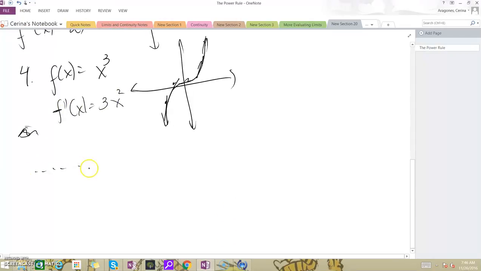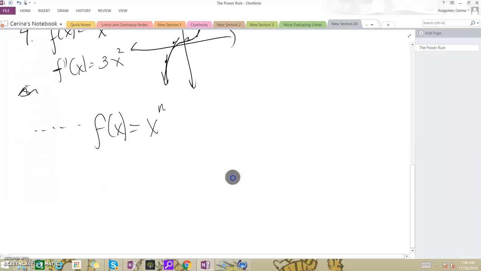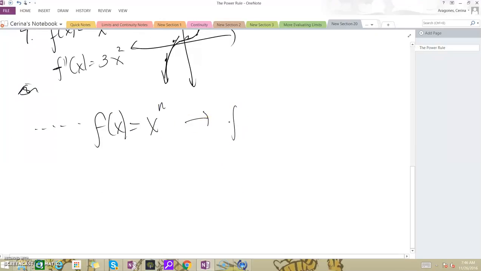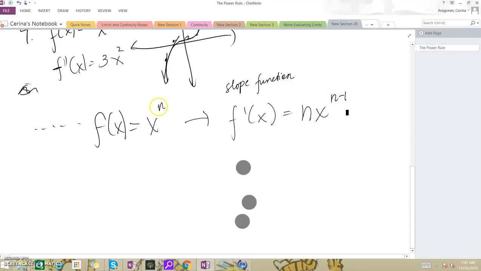So we started noticing this pattern that when you have a power function, x to the n, then your slope function, right here, was n times x to the n minus 1. We would bring down the power and then subtract 1 from it. And that was our slope function.